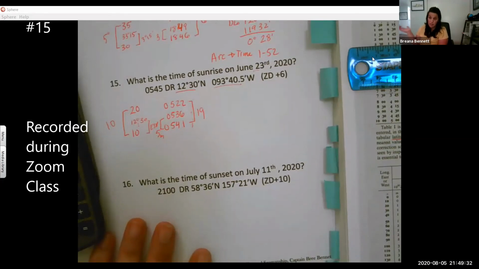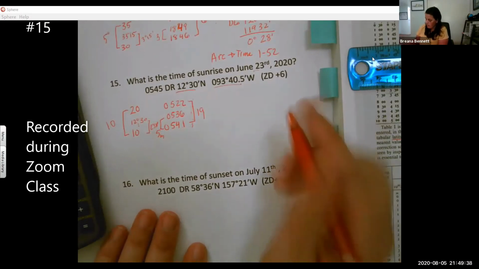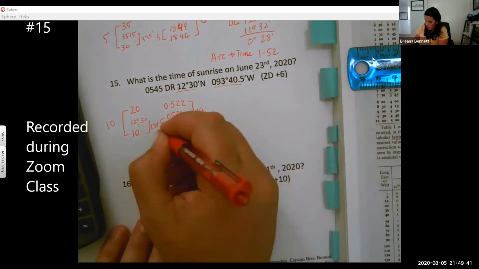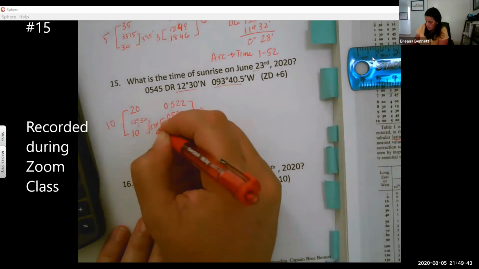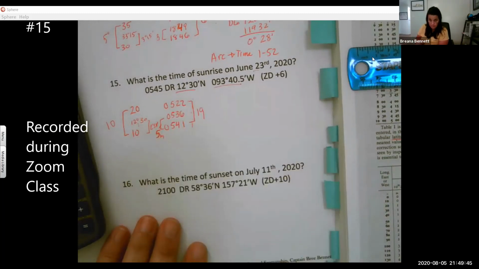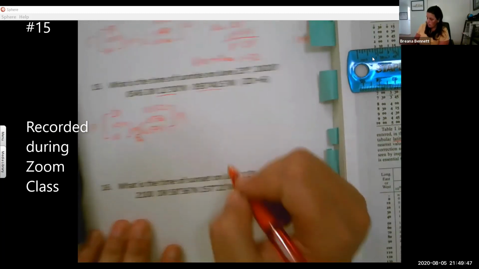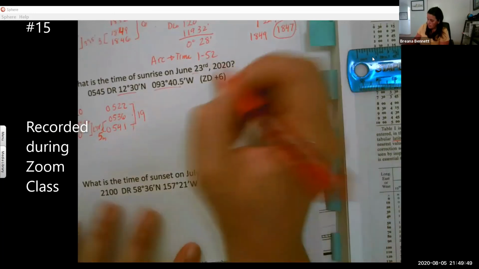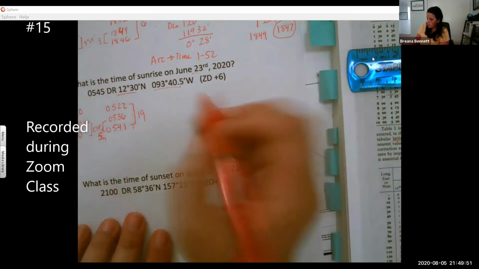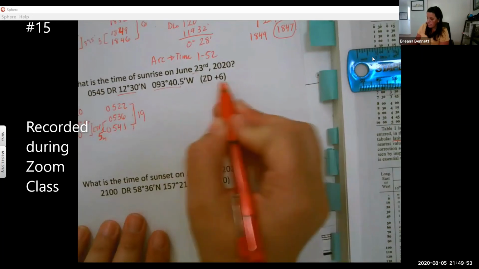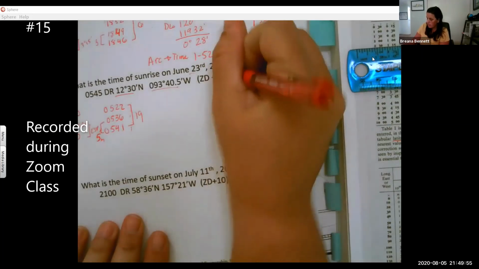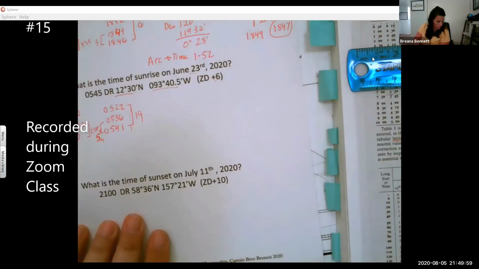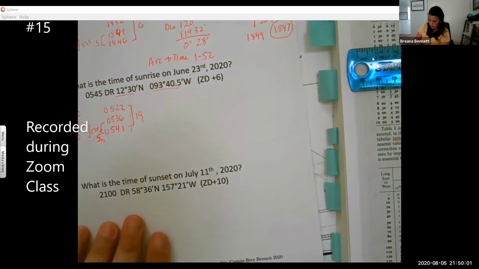But I am not at my central meridian. So this was 5 minutes. My central meridian, 6 times 15 gives me, what's 6 times 15? 90.